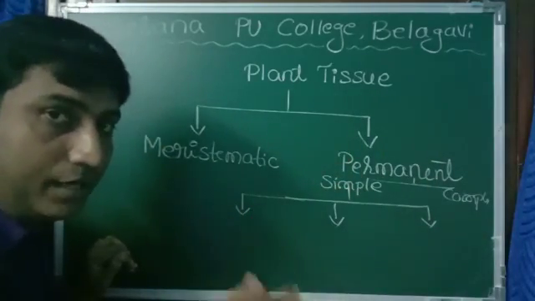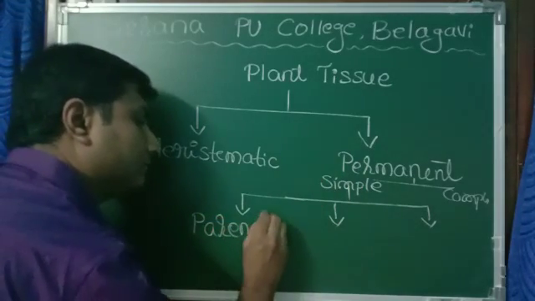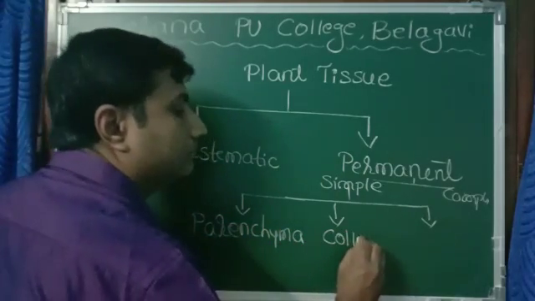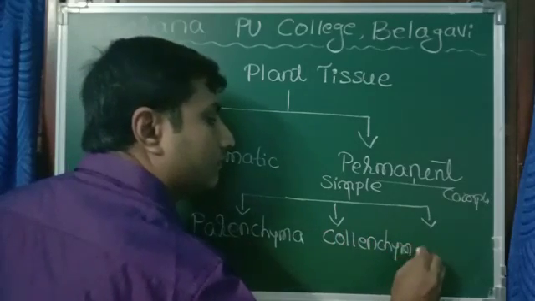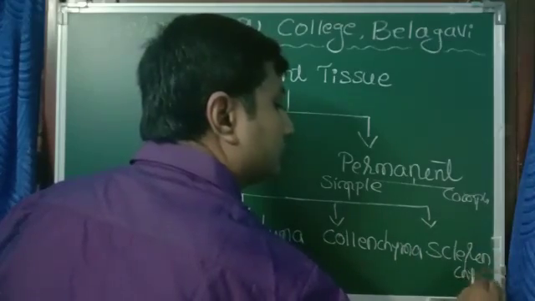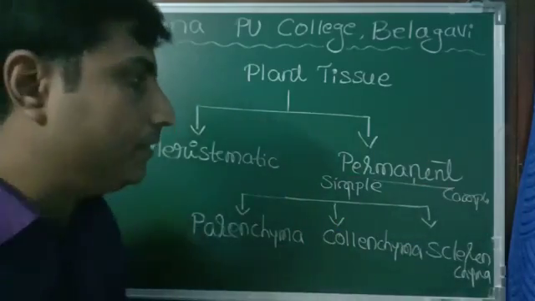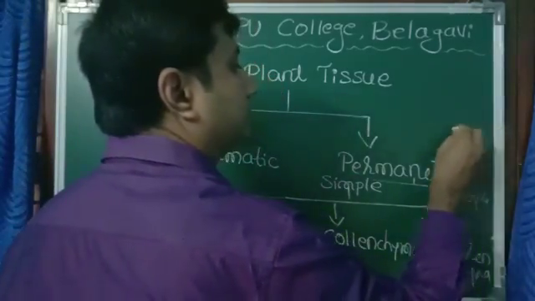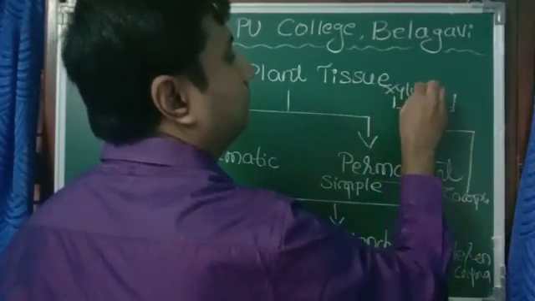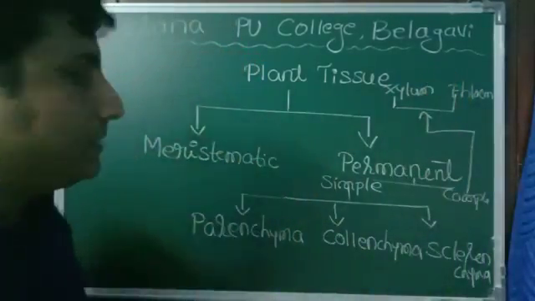Under simple permanent tissue, there are three types: parenchyma, collenchyma, and sclerenchyma. Three types of simple permanent tissue. Under complex permanent tissue, only two, I'll write here: xylem and phloem. These two are complex permanent tissue.